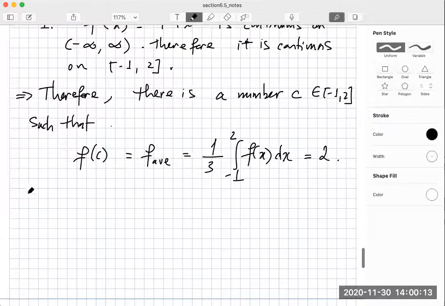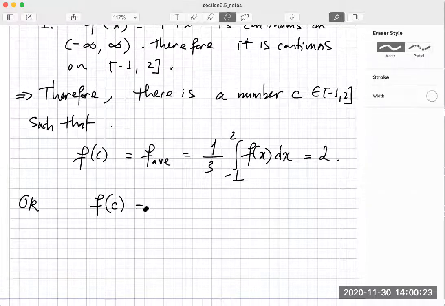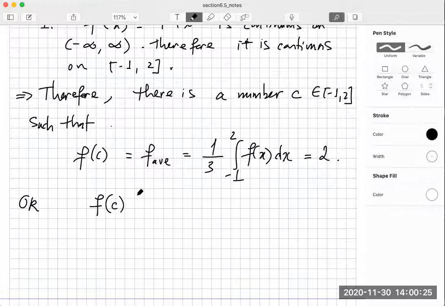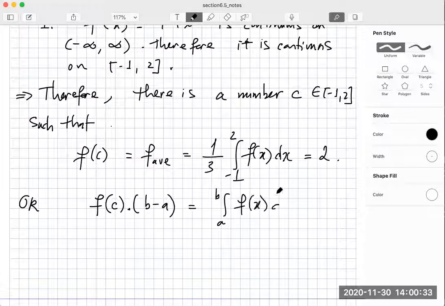Or f of c times b minus a is the integral from a to b of f(x) dx, right? The same thing.